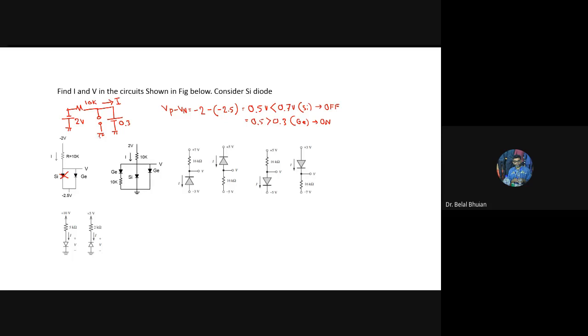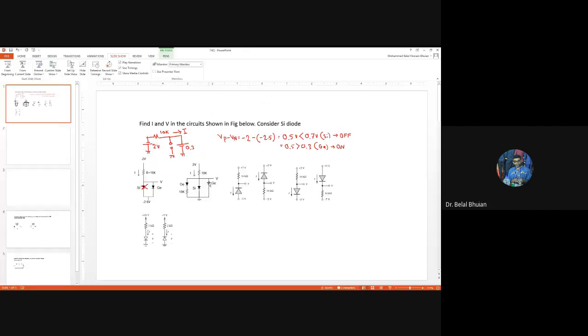Oh, sorry. I made a mistake. There should be another voltage source, 2.5.